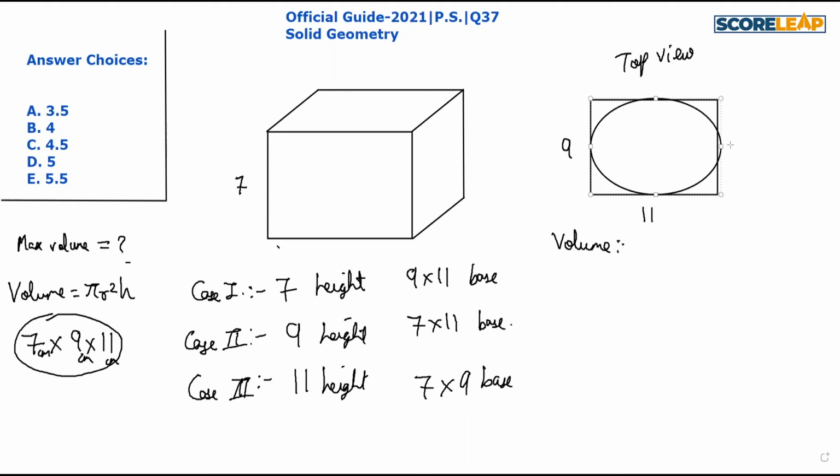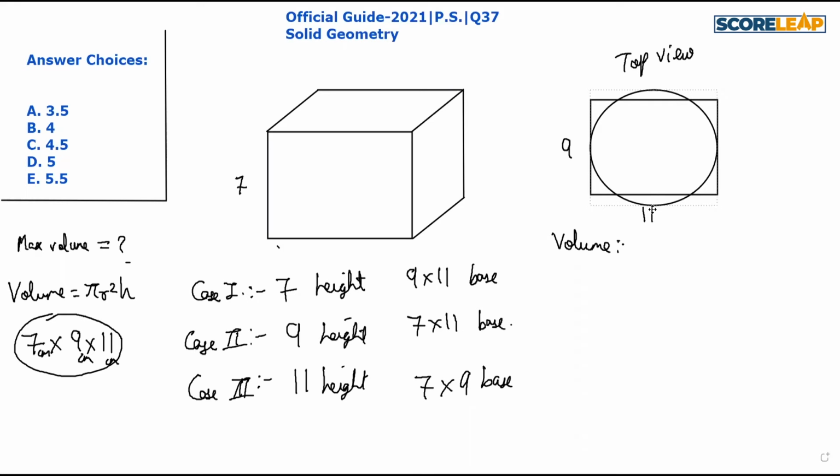Now the maximum diameter that we can have seems to be 11, but it cannot be 11, because then it will go outside the boundary, since this side is 9 only.